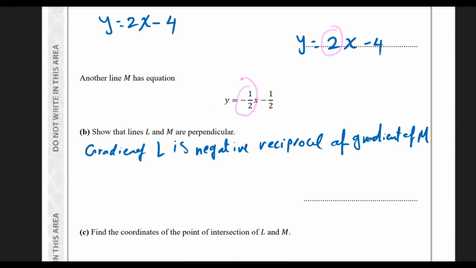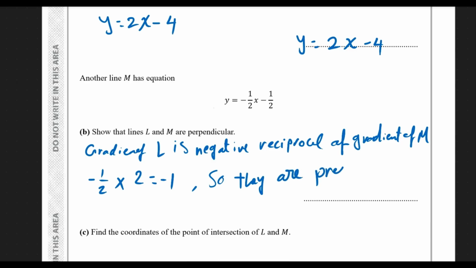And since this is a negative reciprocal, they are perpendicular, as minus half times 2 equals minus 1. So they are perpendicular. So now we fulfill the exact answer required from the mark scheme.